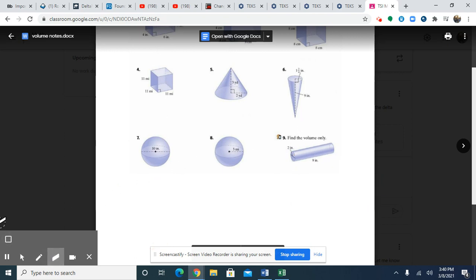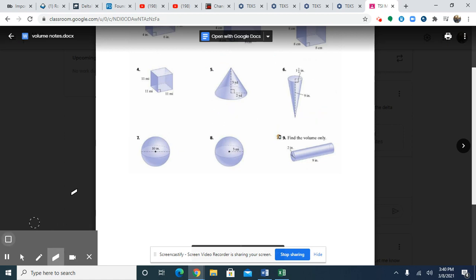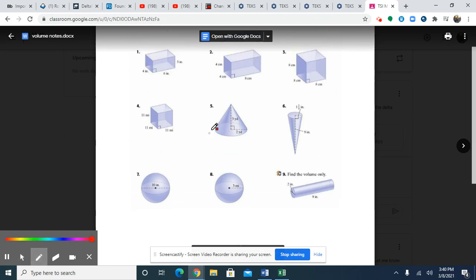All right, now let's look at the example with a cone. Cones are very similar to cylinders because the cone actually fits inside of a cylinder.